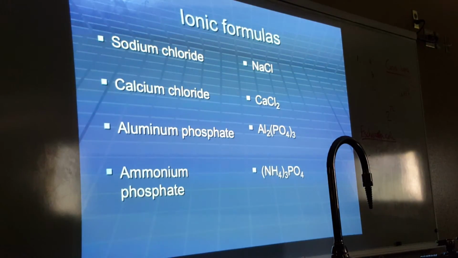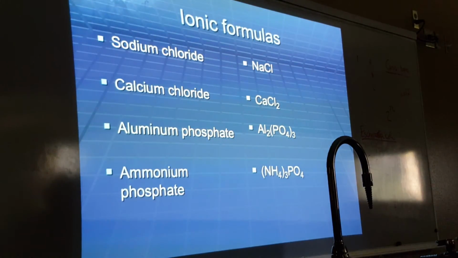There's PO4, then do I write a 2 after it? No. Well, that doesn't look too good, does it? It looks like you got 42 oxygens. So if you have an ion that has more than one atom, and if you have more than one of those ions, you have to use parentheses. Okay? Because this tells you got 2 of everything inside there.